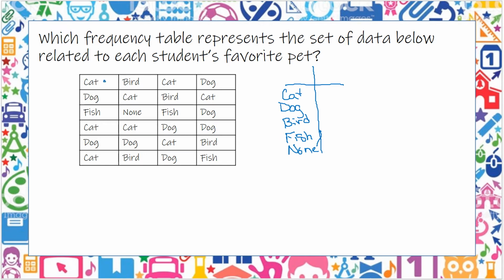So I'm going to go down and count. I see cat: 1, 2, 3, 4, 5, 6, 7, 8. Now in a frequency table, you always use tally marks if they do not specify. Then dog: I've got 1, 2, 3, 4, 5, 6, 7, 8 dogs.